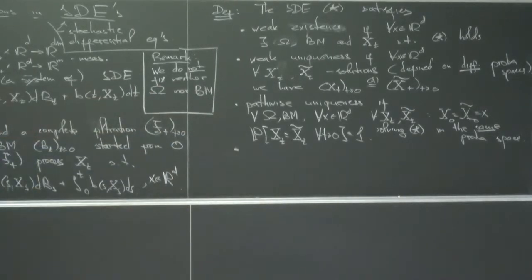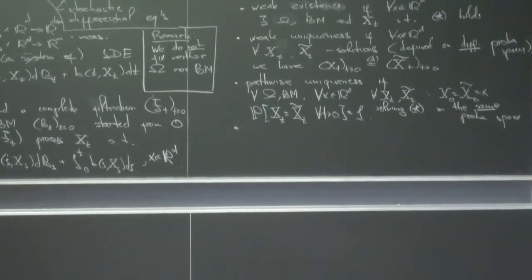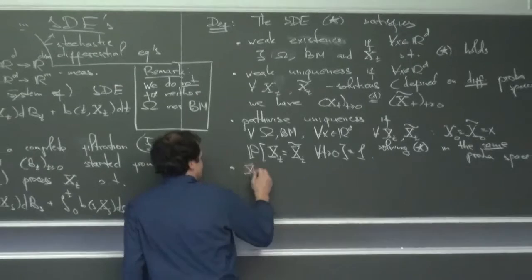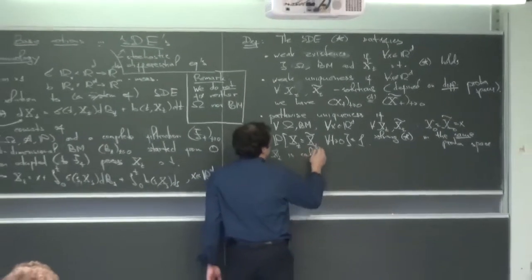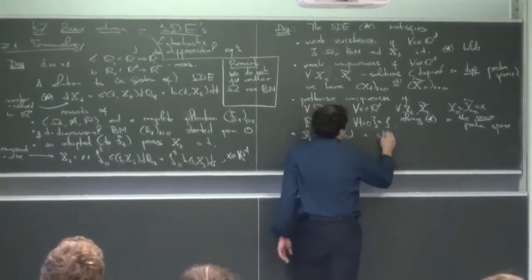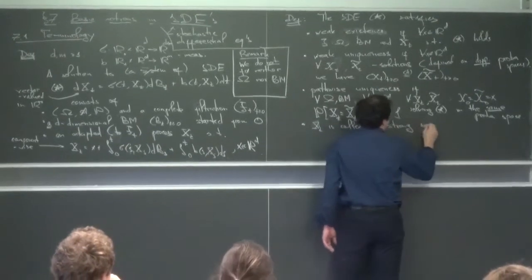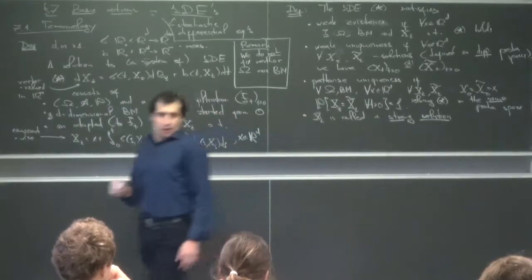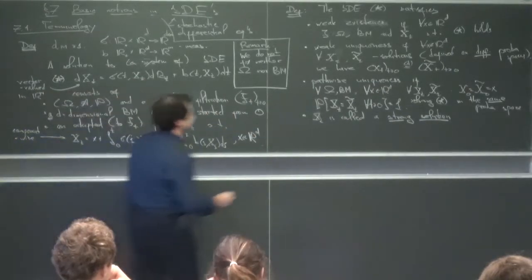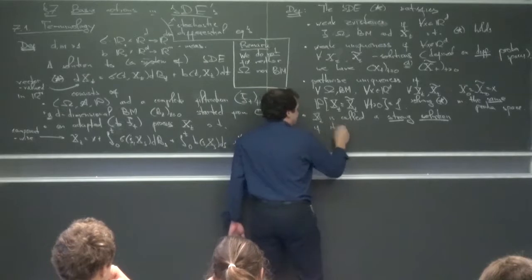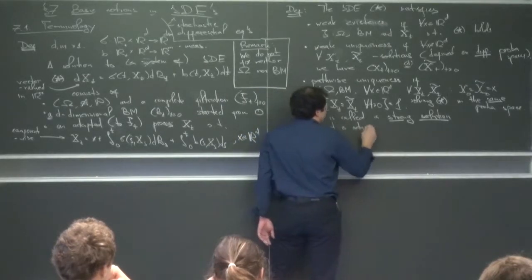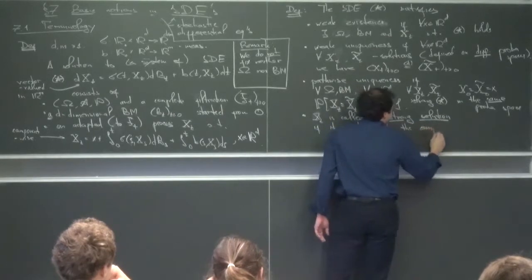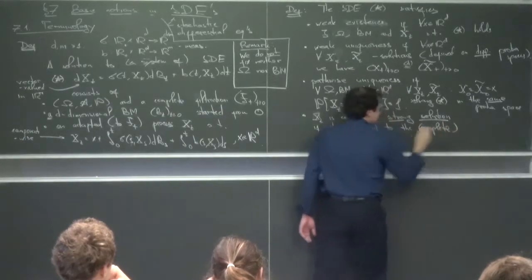And then there is the last notion here on this blackboard. X is called a strong solution if it is adapted to the complete filtration generated by the Brownian motion itself.